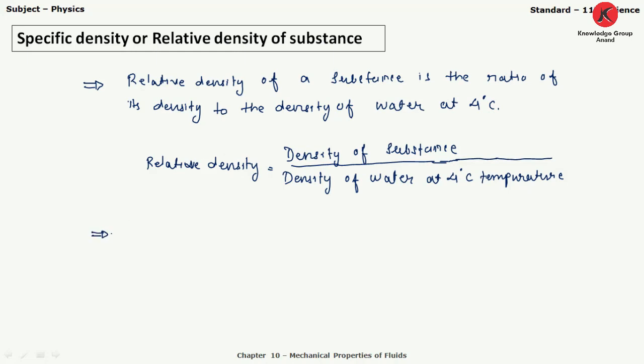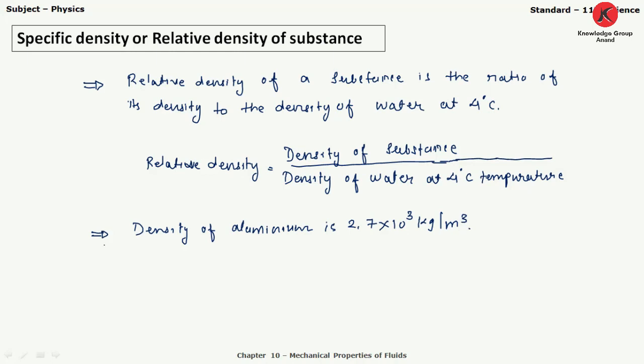We know the density of aluminium is 2.7 into 10 raised to 3 kilogram per meter cube, right?